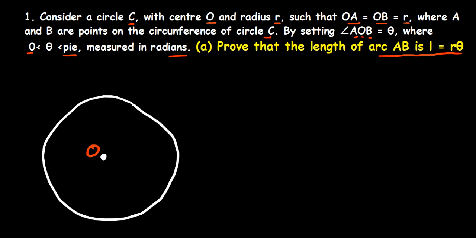So there we have our point A, and somewhere there we have our point B. Then we have this radius joining the center to that point. Let me draw it a bit straight from the center to that point, and then we also have the same radius joining to the point B there. So this is the radius, and this is also the radius.